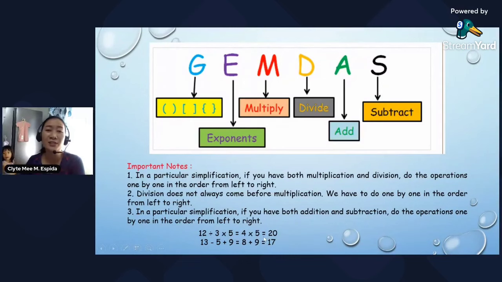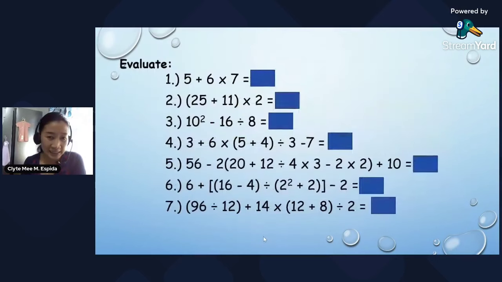Okay, so let's have some exercises. I want you to comment down your answers. So let's have number 1. That's 5 plus 6 times 7 is equal to. Okay, so comment down your answers for number 1.